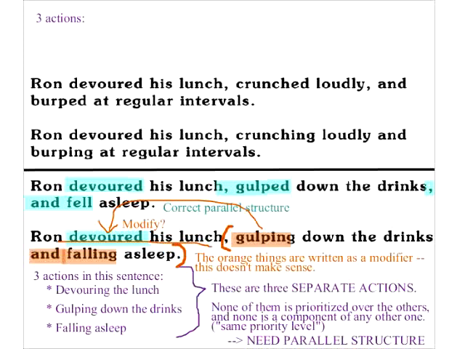The three actions are devouring the lunch, crunching, and burping. What is the relation among these actions? What do they have to do with each other? Someone tell me something about these three actions in the chat box. Give me some information about how they are related, please.